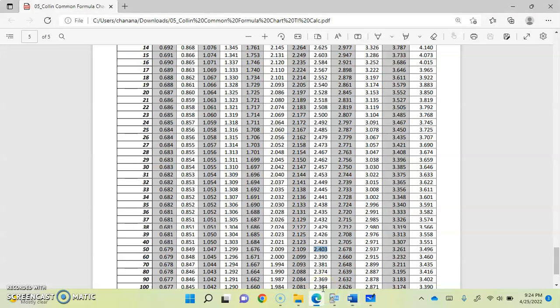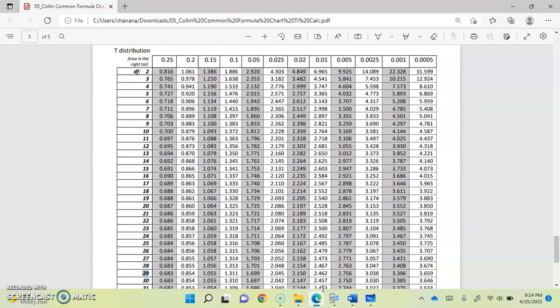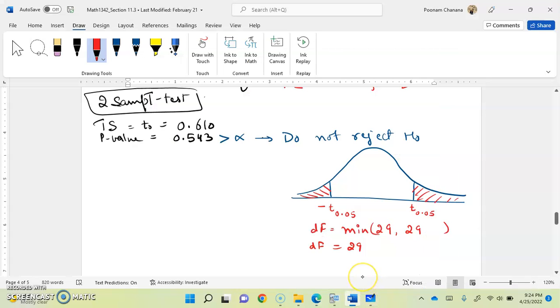So let's look in our t-table. In the 29 row, what do we have for the 0.05 column? This is our value, 1.699. So we have our critical value to be 1.699, positive and negative because they are symmetric. Where is my test statistic lying? 0.610, I think it's lying here.